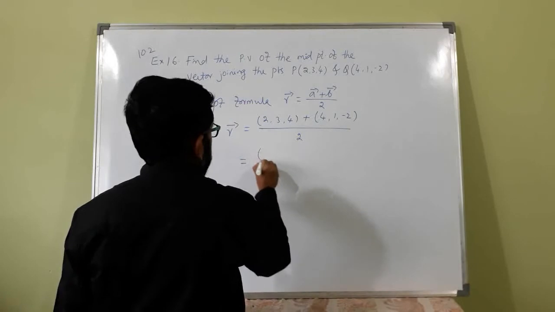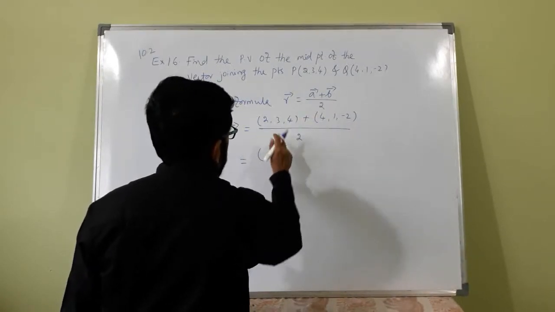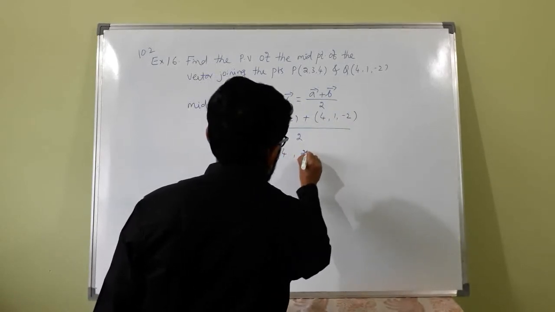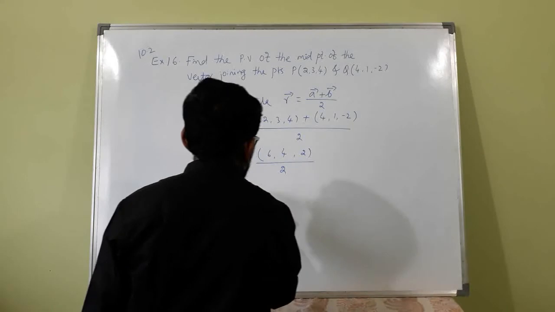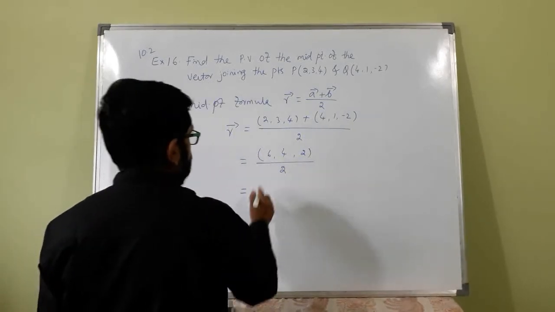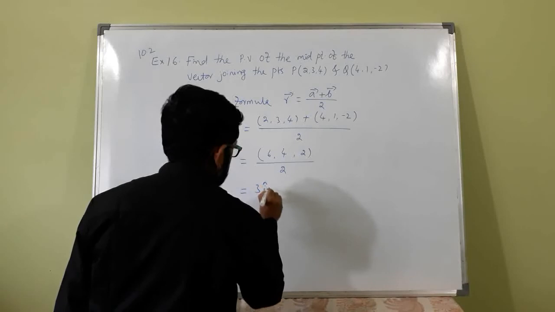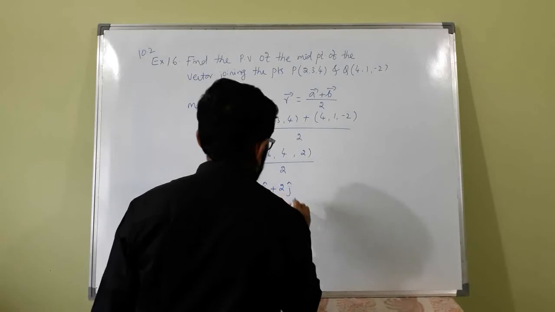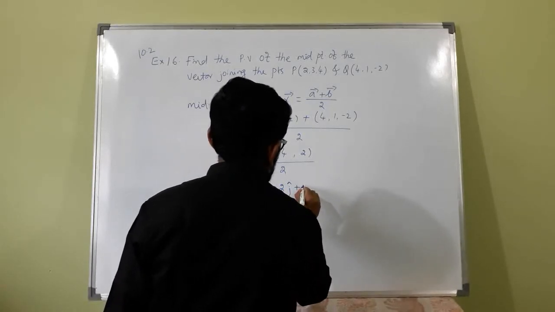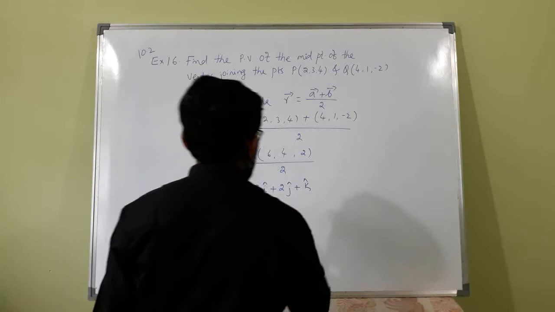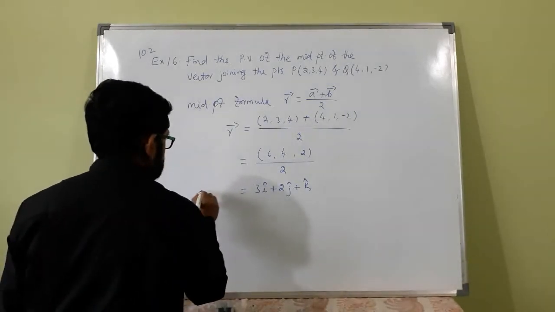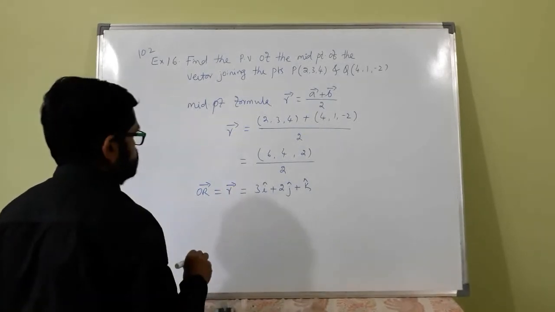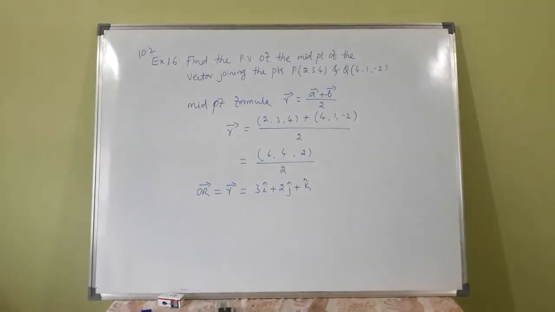That is 2 plus 4, 6, 3 plus 1, 4, 4 minus 2, that is 2, whole divided by 2. That is 6 by 2 is 3, 3i, 4 by 2 is 2, 2j, plus 2 by 2 is 1. This is the required position vector of the point which divides the joining of the two points P and Q.